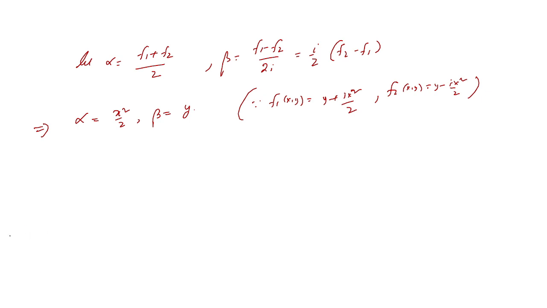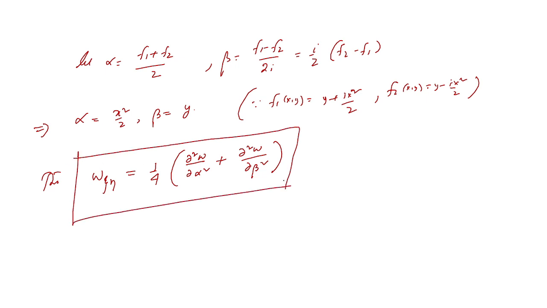Then ω_ξη will be 1/4 (∂²ω/∂α² + ∂²ω/∂β²). And what will be ∂ω/∂ξ?